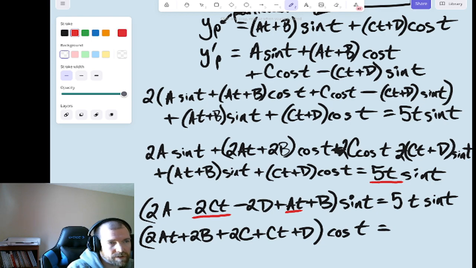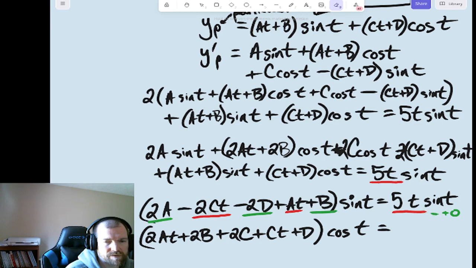So we're going to need, again, negative 2ct plus at has to be equal to 5t. And then 2a minus 2d plus b has to be equal to, well, we get here a plus 0 sine of t. Our other coefficient is going to be 0.